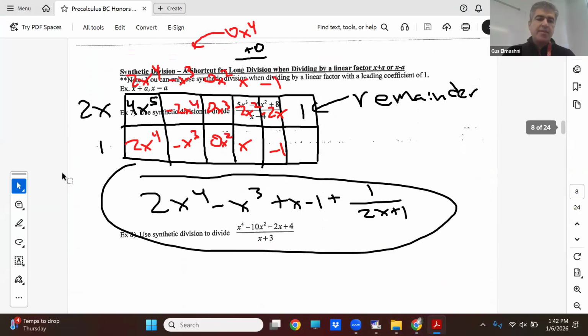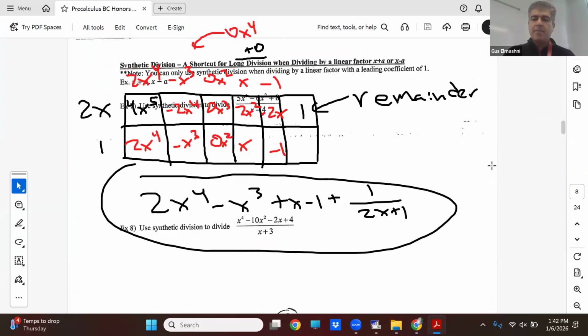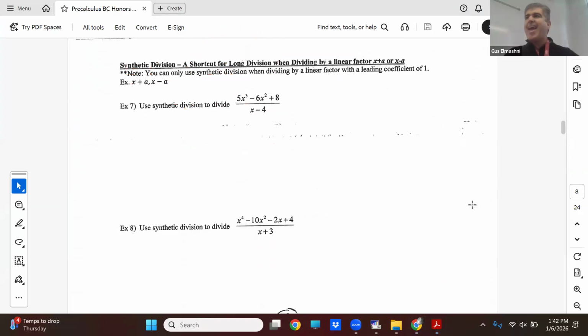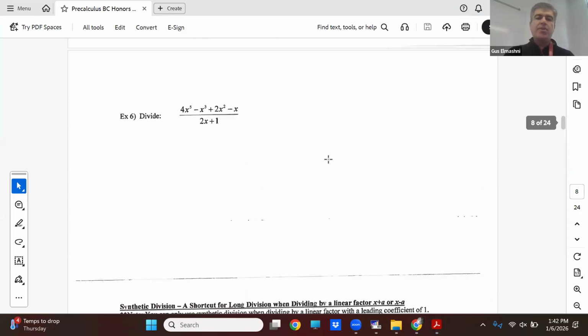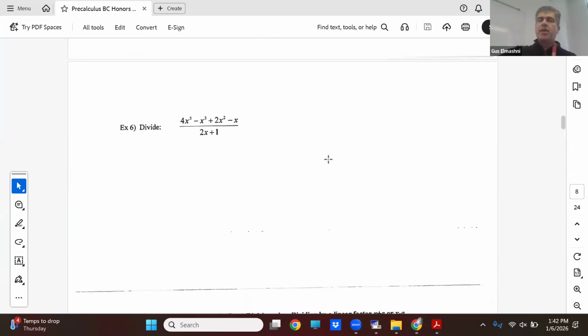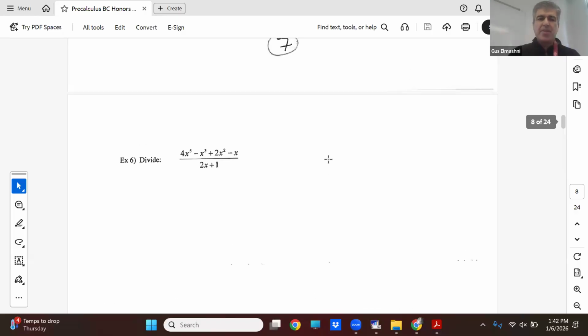Now you could do synthetic. This process works for any kind of division problem. Synthetic is limited. I can't do synthetic with 2x plus 1. I have to factor out that 2 first, because it has to be in the form of x minus or x plus a number with a coefficient of 1 to do synthetic. So I'd have to pull 2 out and make it x plus 1 half, and then divide all the terms up above by 2 before or after the synthetic.